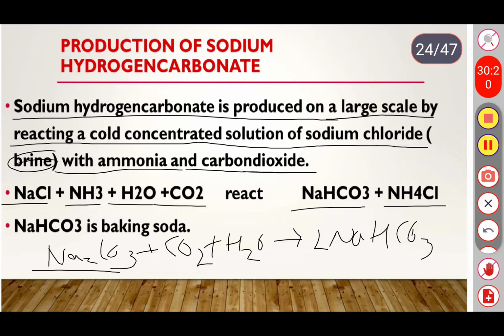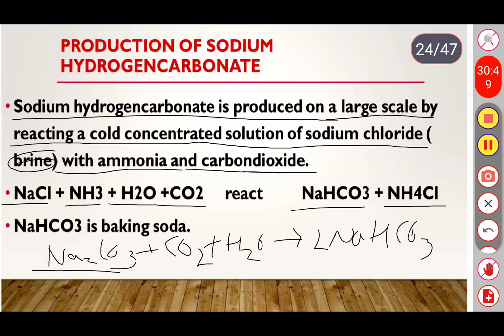As a result, sodium hydrogen carbonate is formed, and that sodium hydrogen carbonate is dissolved in water. It gets converted into a precipitate. That precipitate is separated, washed and dried without heating.